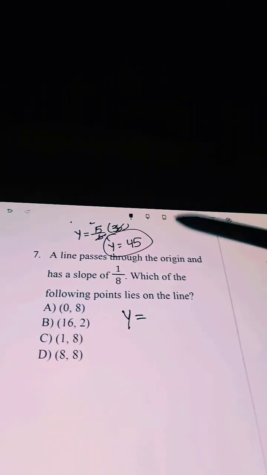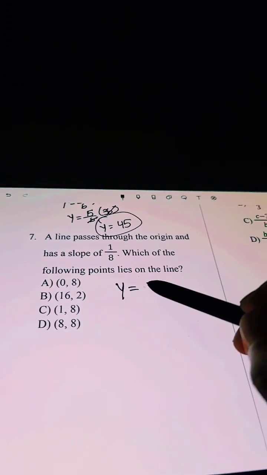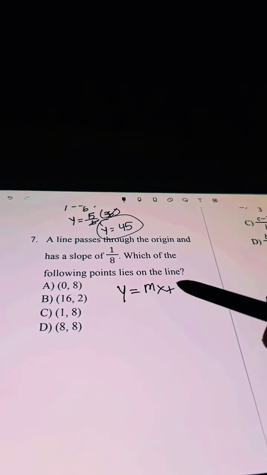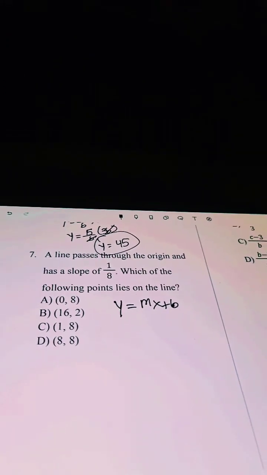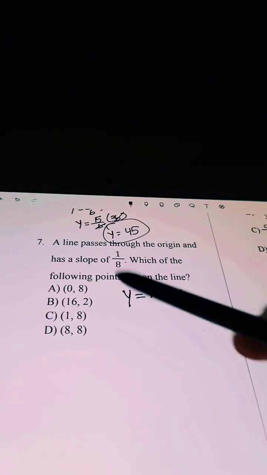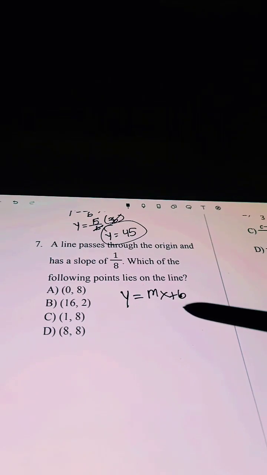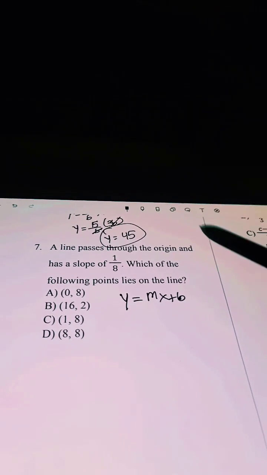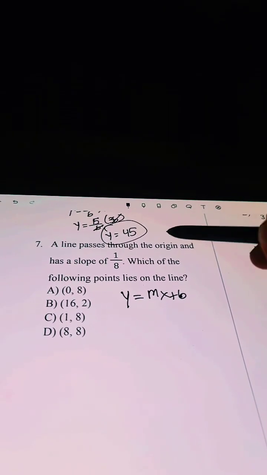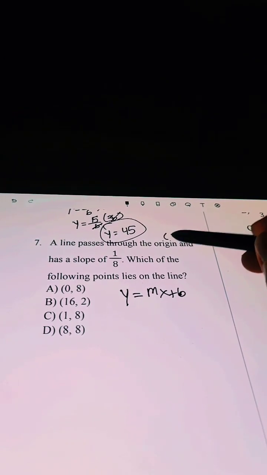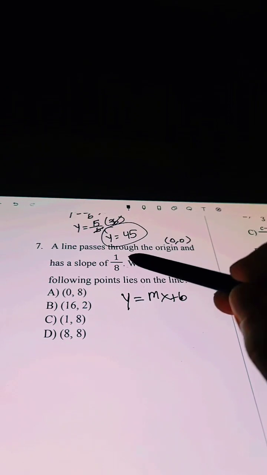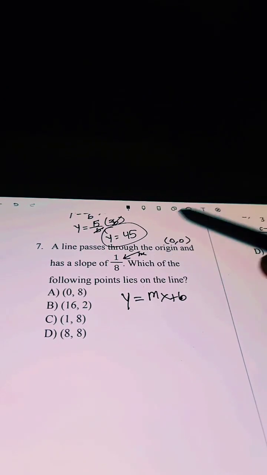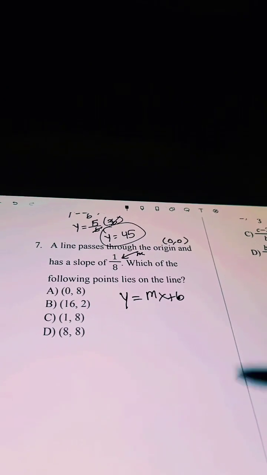Okay, so let's go to this one right here. For this one, it's going to be easy because we don't have letters representing a billion different things. This is just a line, so we know we can use y equals mx plus b. It passes through the origin, so automatically you know that (0, 0) is a point on this line, and the slope, or your m, is going to be 1/8.